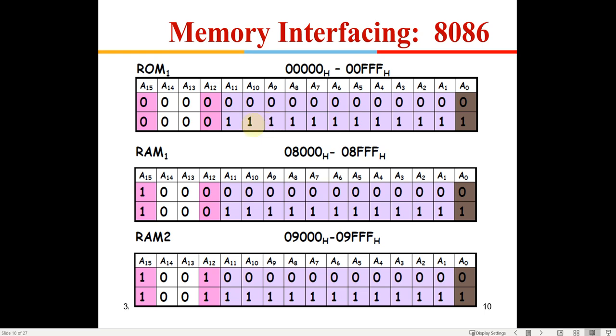If you take A10 to A0, they are 11 bits, so they will become 2K. And A0 to A11 is 12 different bits, so they will become 4K. Is it okay, Samrat?